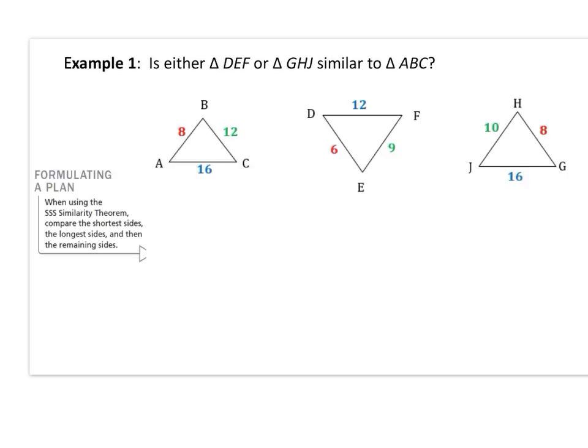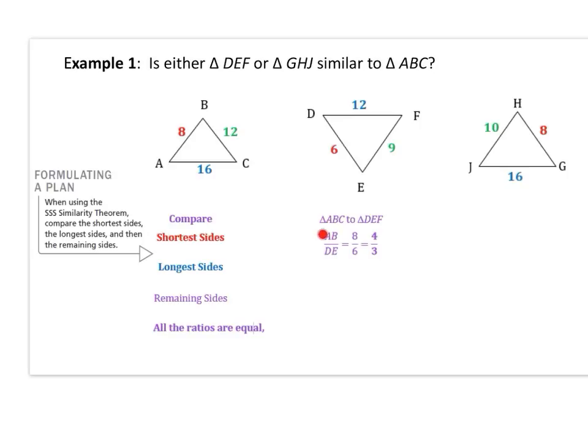When we're using the side-side-side similarity theorem, you definitely want to compare your shortest sides and your longest sides, and then whatever's remaining gets compared as well. So that's exactly the list that we'll make, and we'll start by comparing triangle ABC to triangle DEF. So for the shortest sides, I have length AB divided by length of DE.